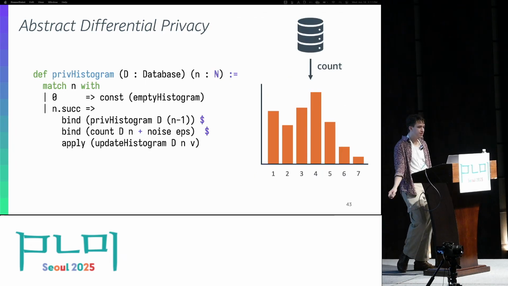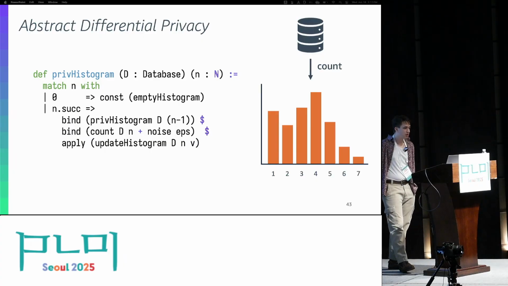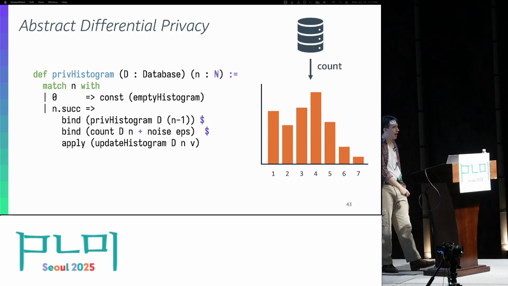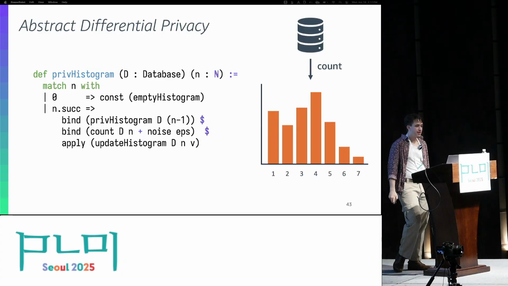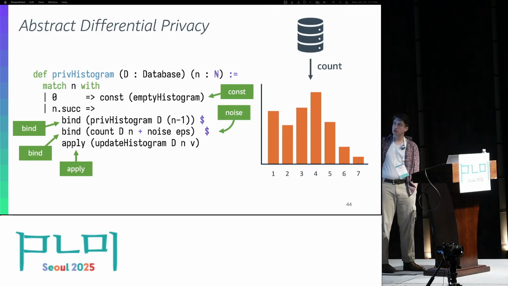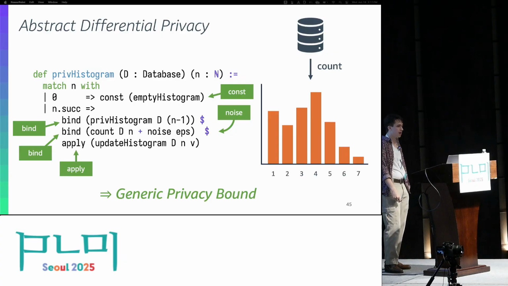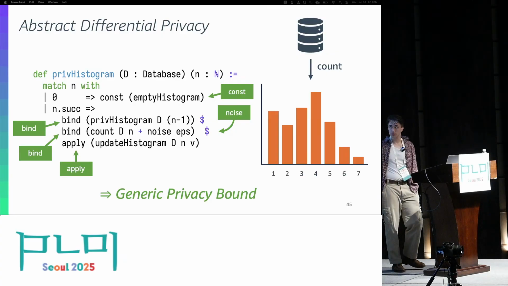Okay, to finish up this section, I'll just quickly show you what this interface can do. On the slide, I've got a small program which builds a histogram out of your data and then makes it private by adding noise to the count in each bin. I won't get into the proof in too much granularity here, but if you go through it step by step and apply the rules from the interface, you end up with an abstract privacy bound, which applies no matter which instance you use.